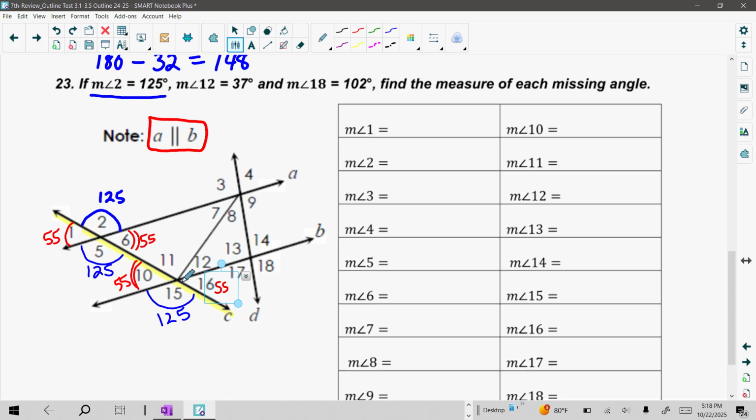Excuse me. So what I'm going to do now is go to the given information about angle 12. Angle 12 inside of here, it's telling us it's 37.